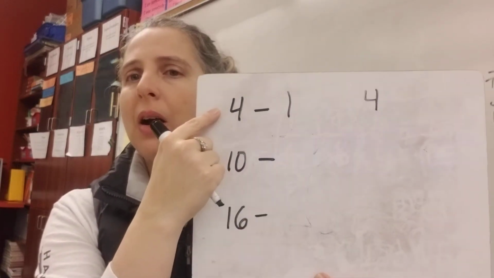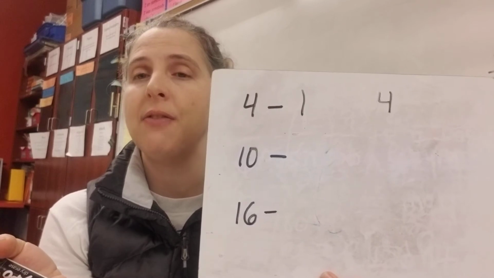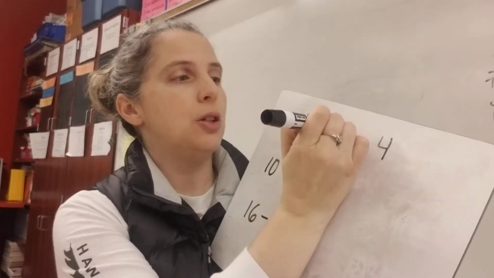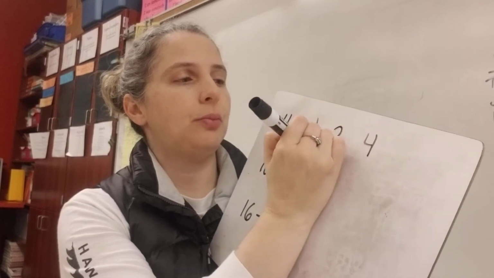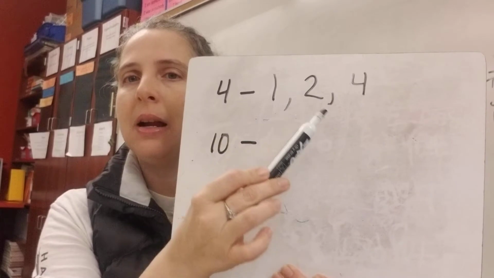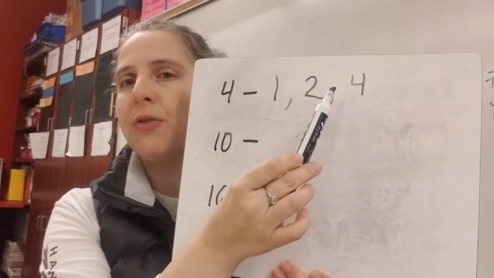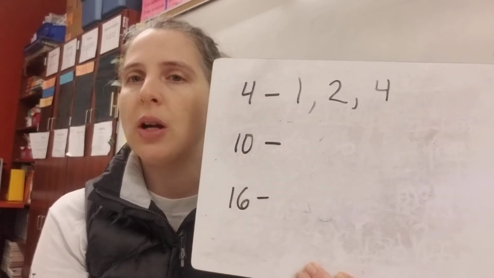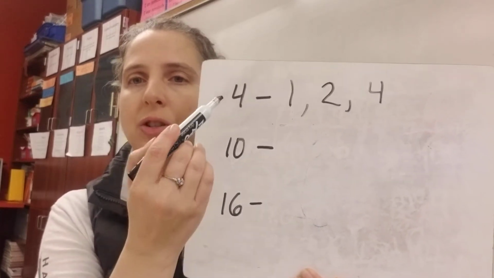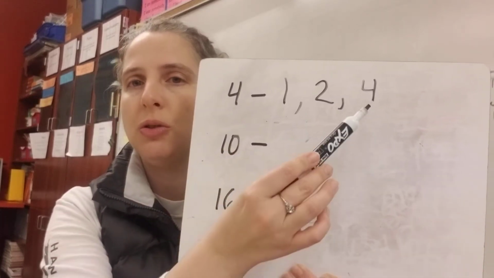If it's an even number, I always know that 2 is a factor. So what times 2 is 4? 2. 2 times 2 is 4. I only need to write it one time. Okay, then the next number we have before we get to 4 is 3. Can 3 go into 4 evenly? Can you multiply it by anything to get 4? No, so it's not a factor. So the factors of 4 are 1, 2, 4.